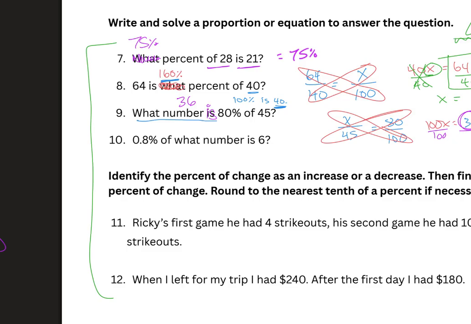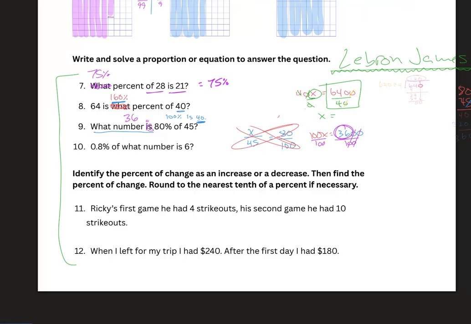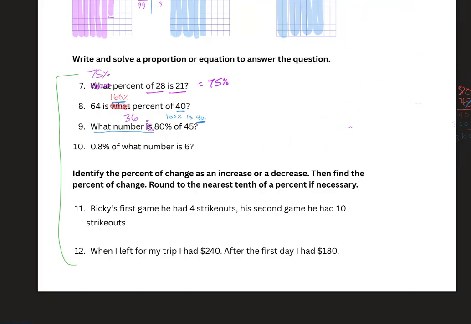0.8% of what number? So here, I'm going to erase some of our work so we can do some more work here. Okay. So 0.8% of what number is 6?